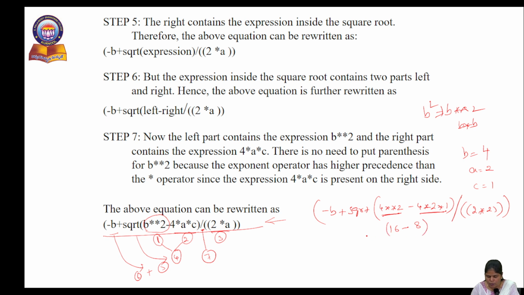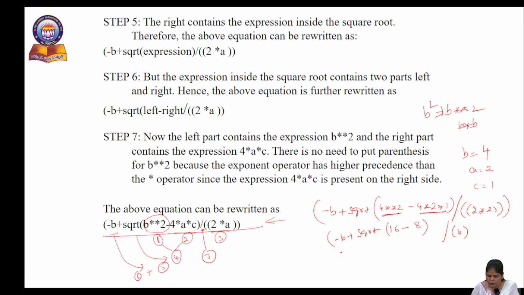Now what is the third value which we have to evaluate? Minus b plus, what is this? We get 4, right?